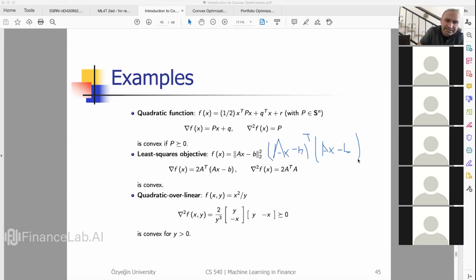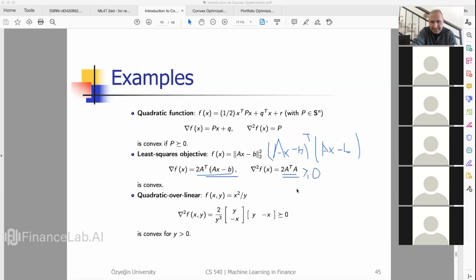And if we take its gradient and Hessian, we get expressions like this. Its gradient is like this, and its Hessian is 2 times A transpose A. And A transpose A is always greater than or equal to 0. It's guaranteed to be greater than or equal to 0.